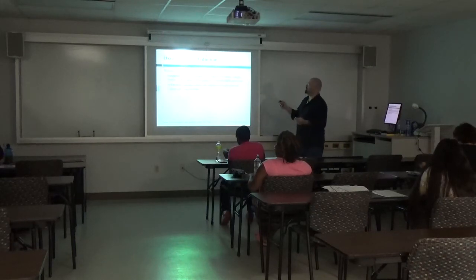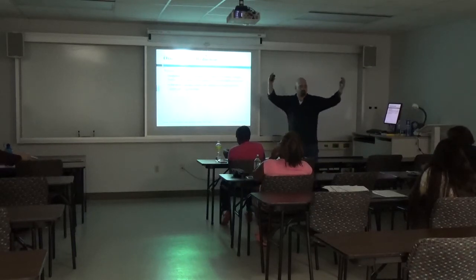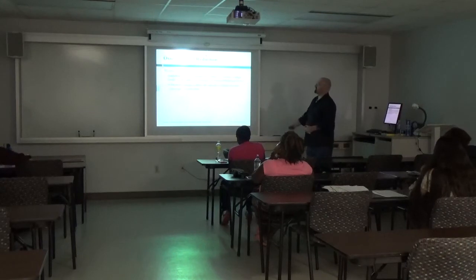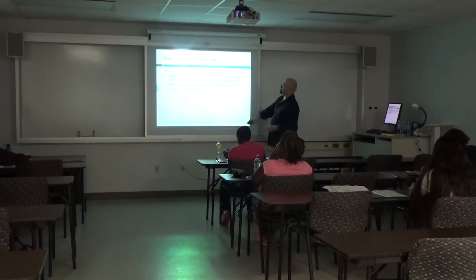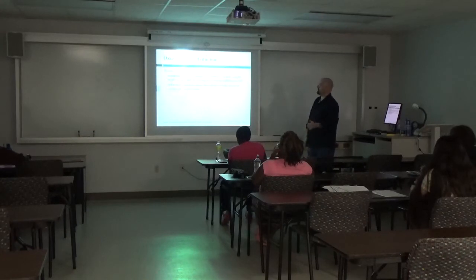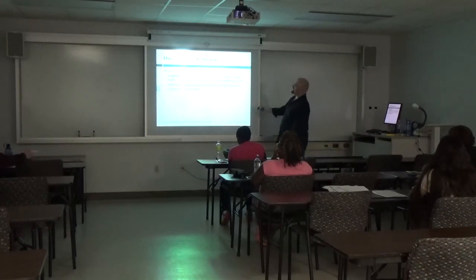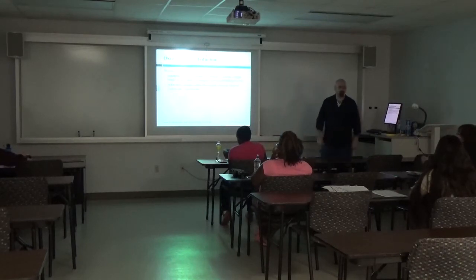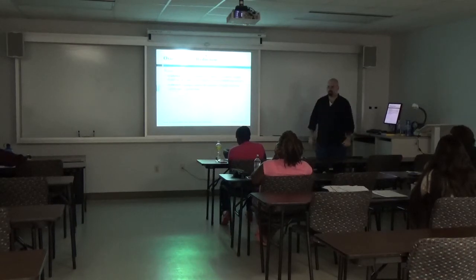But how does that work when we're talking about these large molecules? And so things get a little bit different. Now, oxidation reactions are the ones that increase the number of carbon-oxygen bonds by the addition of oxygen or by the loss of hydrogen.